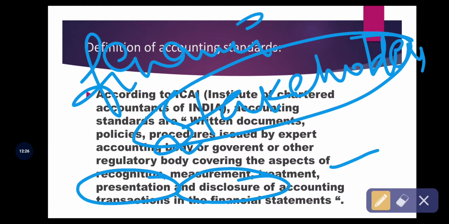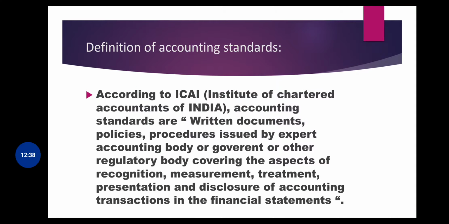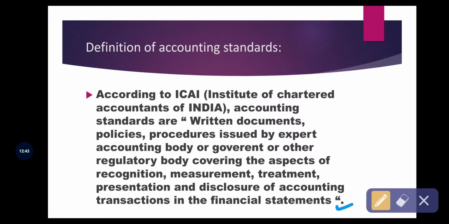For every financial user, we have to provide information of accounting transactions in the financial statements. So this is what accounting standard means. In simple words, these are written documents which have rules and regulations for recognizing, measuring, treating, presenting and disclosing information to the financial users.